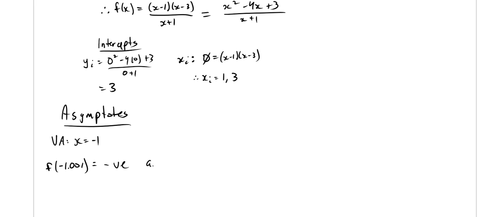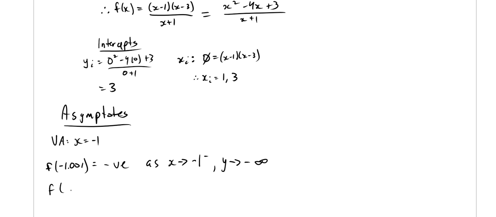And that tells us, as x approaches -1 from the left, we started from the left and are working left to right, y goes to negative infinity because my outcome was negative.